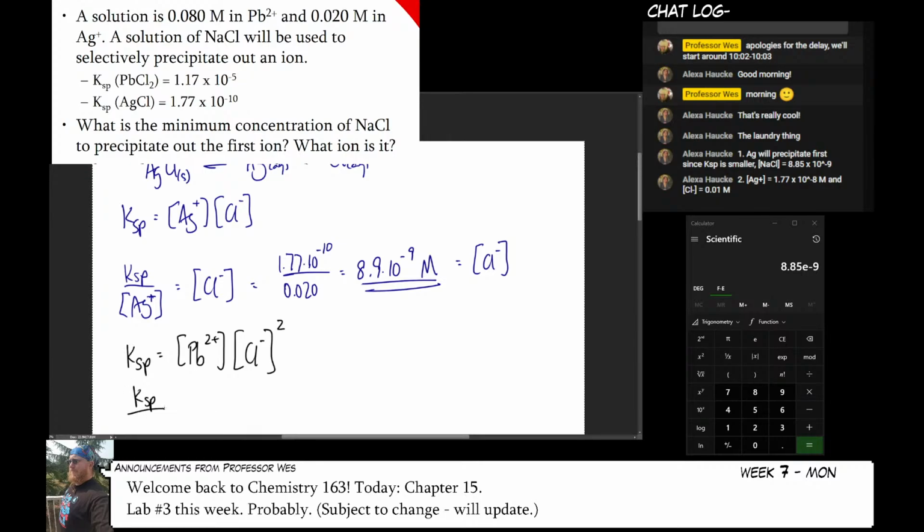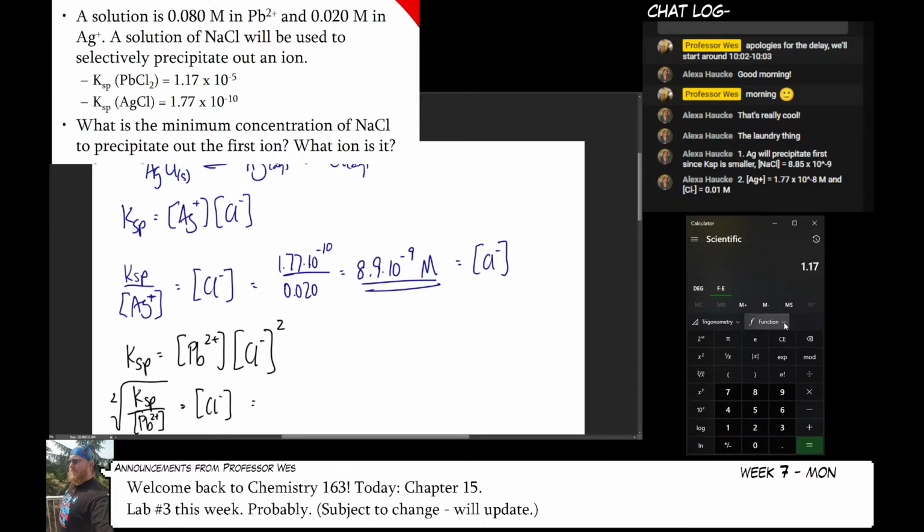Then we just pick the one that's the smaller number, right? So if it's ever ambiguous, you could just do the other one. And then you could directly compare the numbers and say, oh, okay, this one's smaller. And I can almost guarantee that this is going to be a larger number because KSP is just so much bigger.